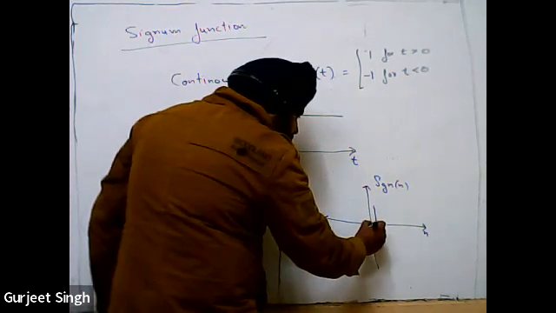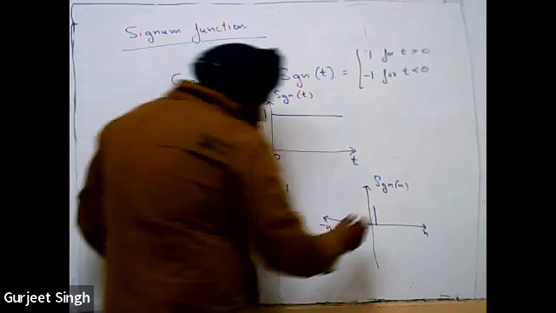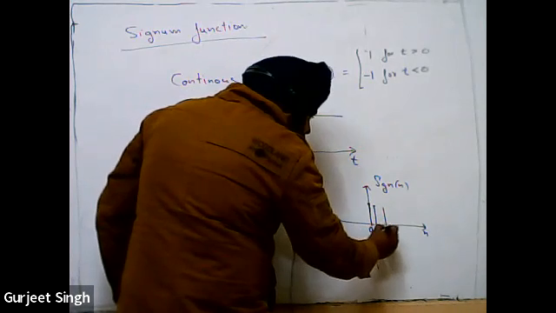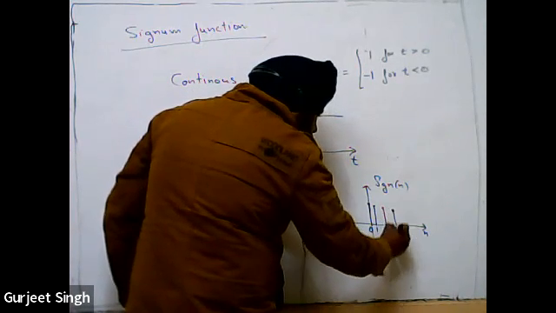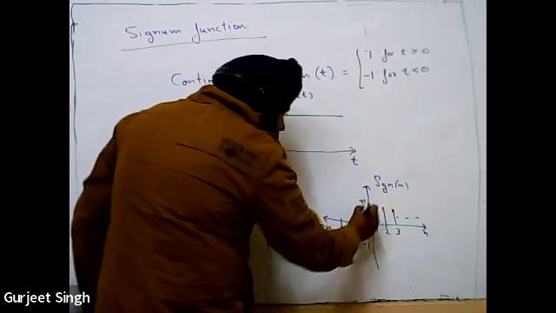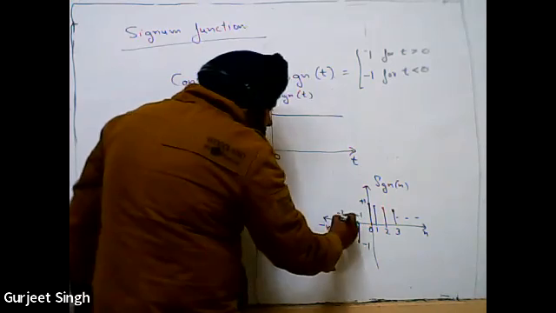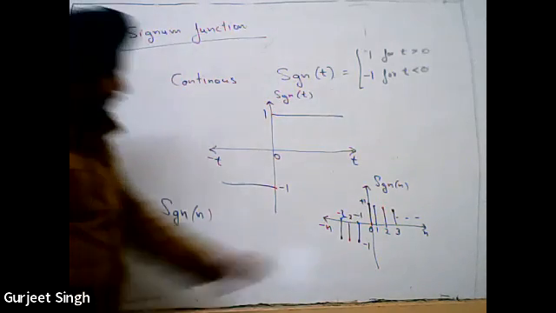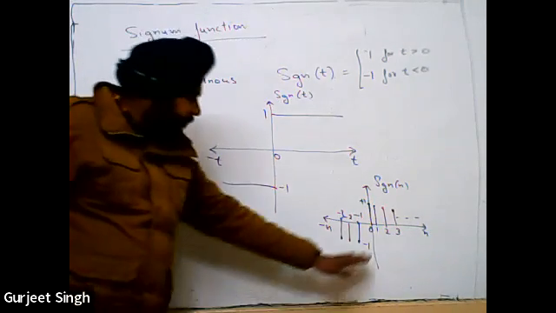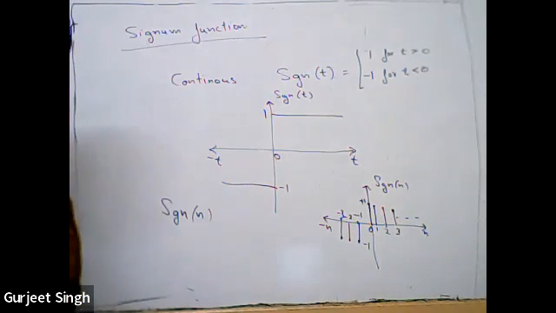The x-axis is n in the case of the sgn[n] function. So this is the second type, the signum function.